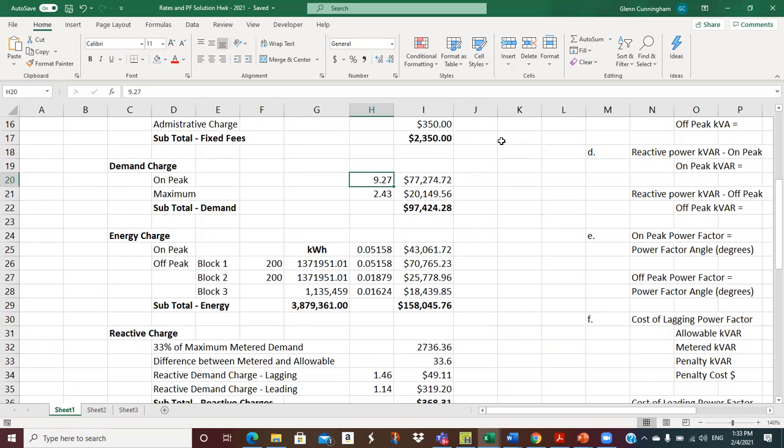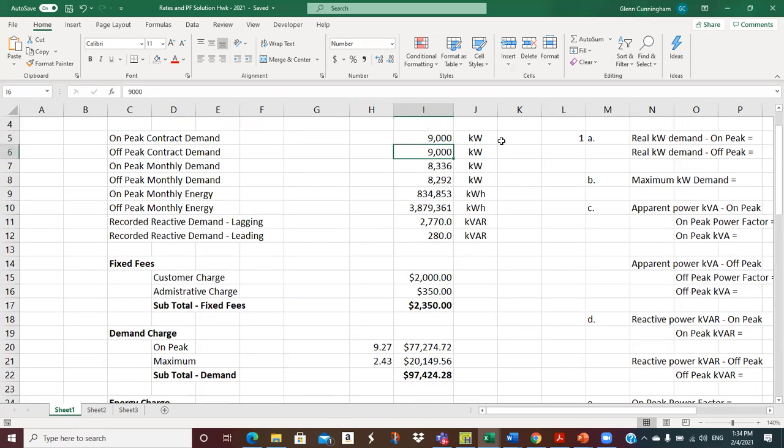So your on-peak is 927, and that's times your on-peak demand, which was right up here. So I guess 8336 times 927 should be 77,000 some odd dollars. And then for your maximum, you pick the bigger of these two.